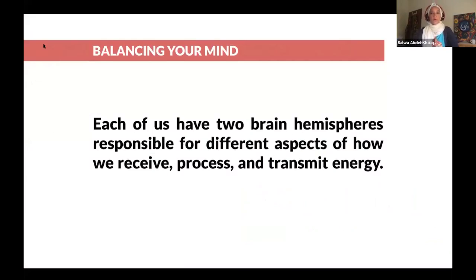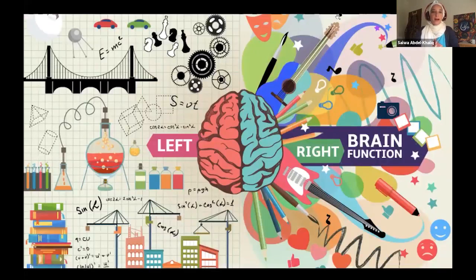As mentioned before, each of us has 2 brains. They are responsible for different aspects of how we receive, process, and transmit energy. The best known is that the right brain is responsible for creativity, music, and whatever is creative, and the left brain is for numbers, chemistry, and things like that.